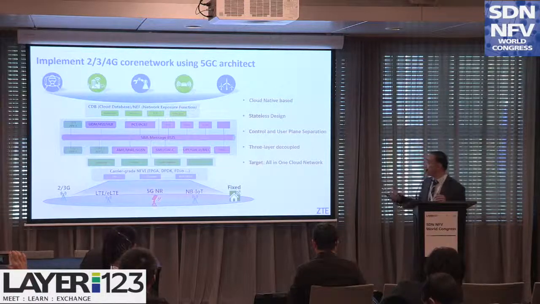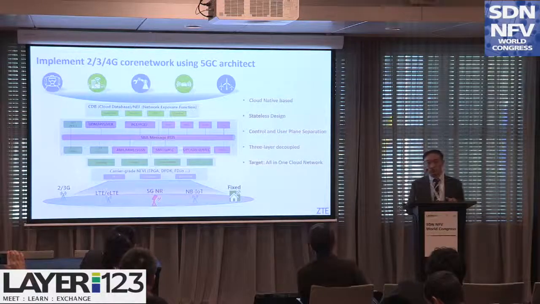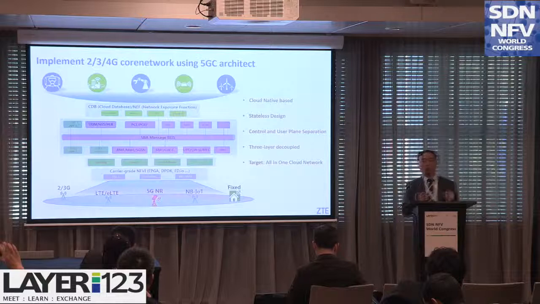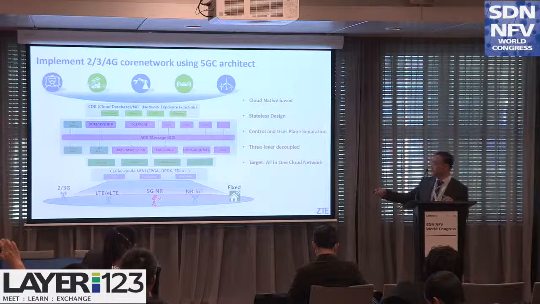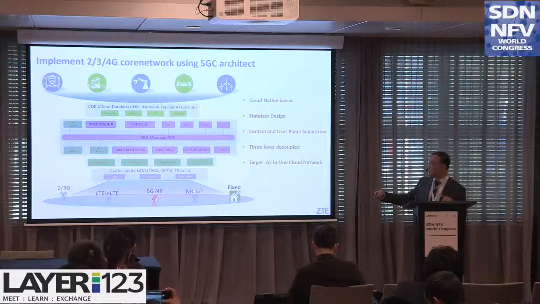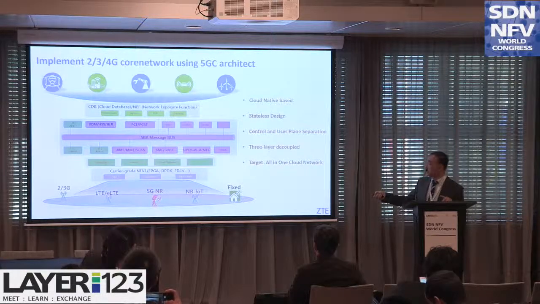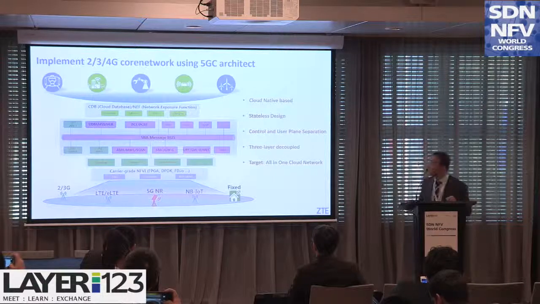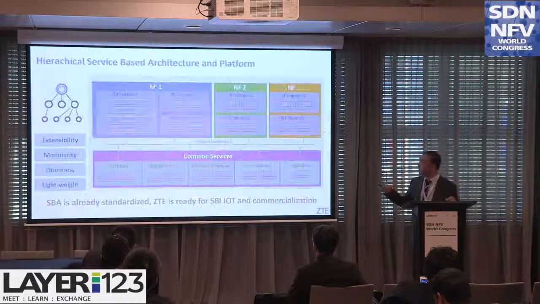And of course, the target is an all-in-one cloud network. This is a way to achieve a converged core to anchor legacy access, new access, and fixed access in one point. This is our concept.